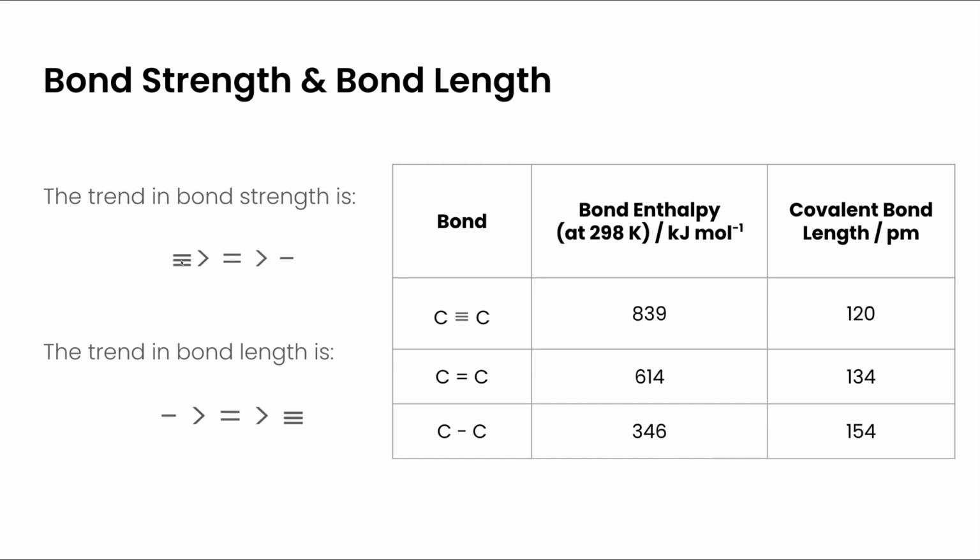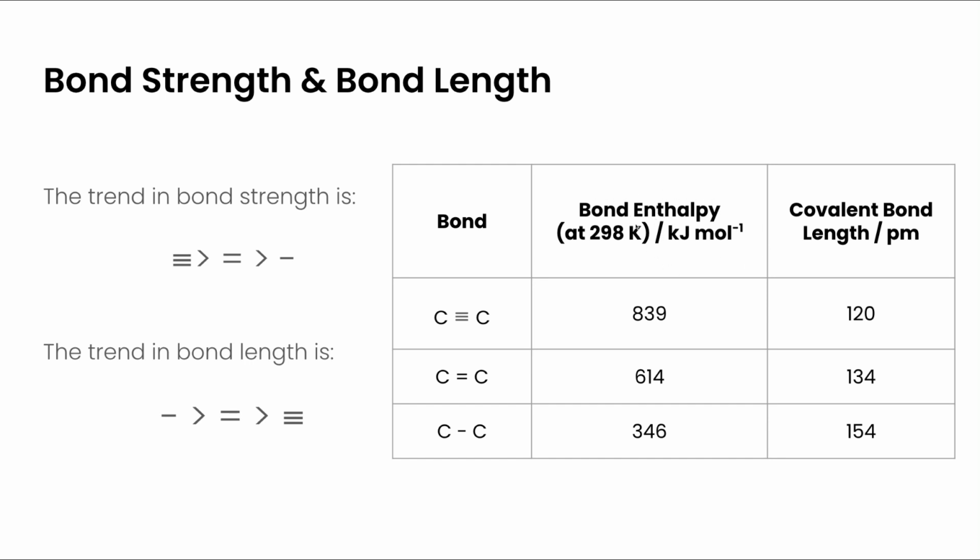In terms of bond strength and bond length, let's first talk about strength. A triple bond is our strongest type of bond, followed by a double bond, and then followed by a single bond. So if we look at our data table here, we've got a carbon-carbon triple bond, double bond, and single bond. And then this value, bond enthalpy, which you'll see in future lessons, is a measure of the bond strength.